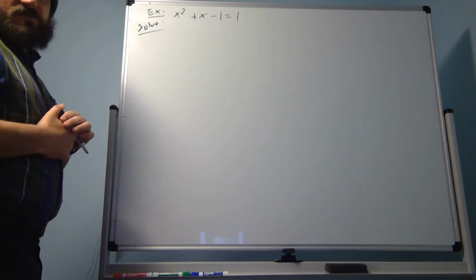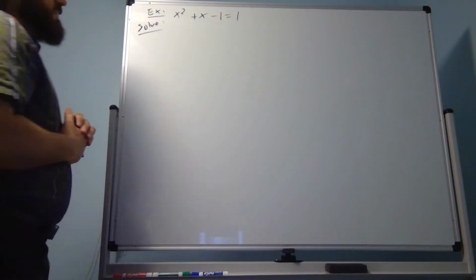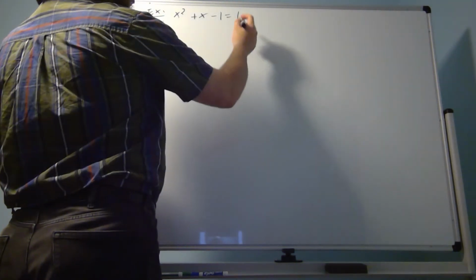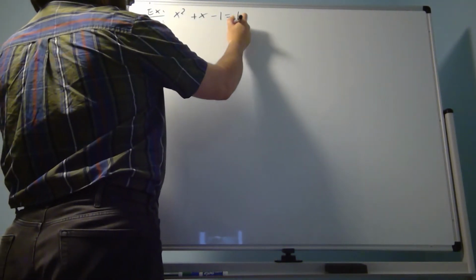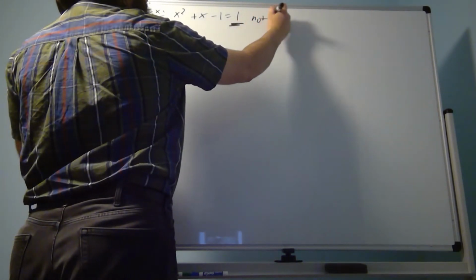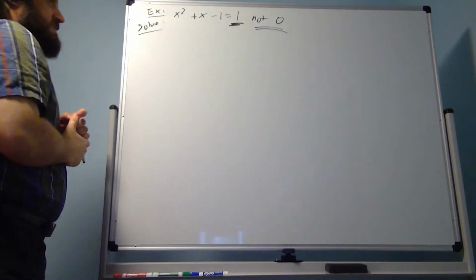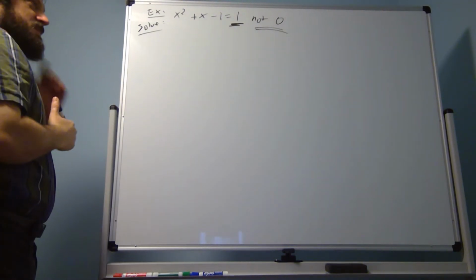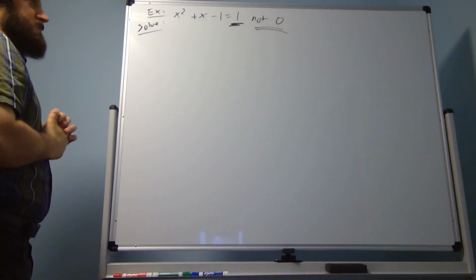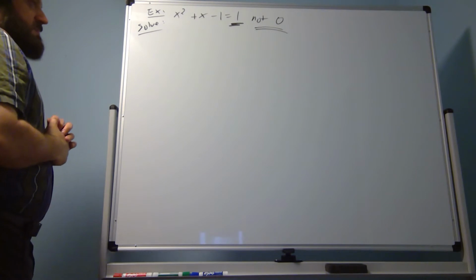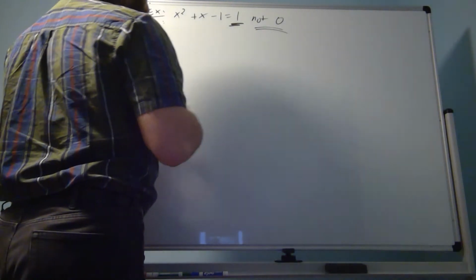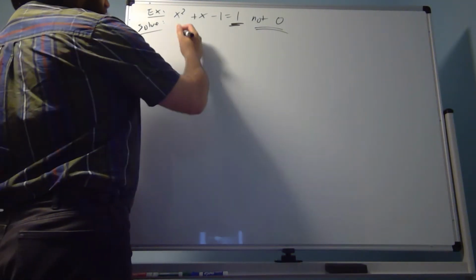All right, so this one, you just have to be a little bit careful here. If there's something on both sides of the equation, if you don't have 0 on one side, then it's not in the correct form for most of our methods.